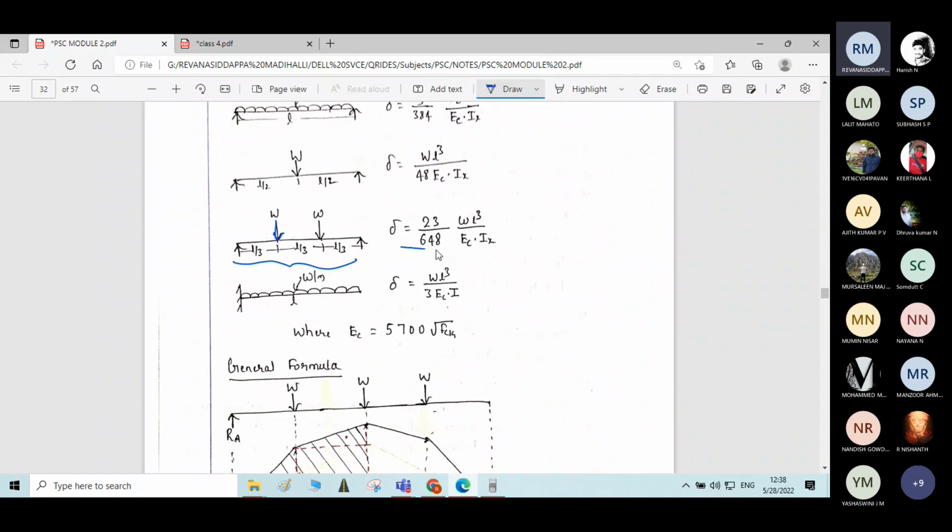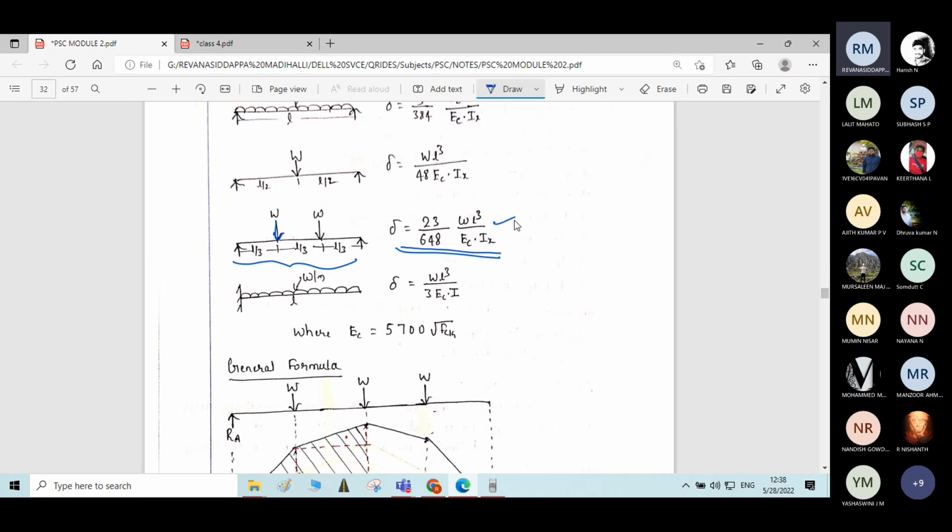For that, deflection due to live load is calculated using this formula: 23 by 648 WL cube by EC into IX. This is how we calculate deflection due to point loads placed at 1/3 points.